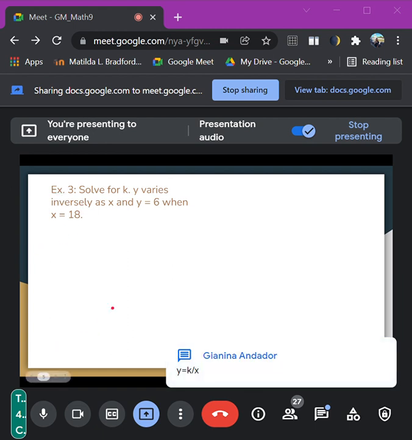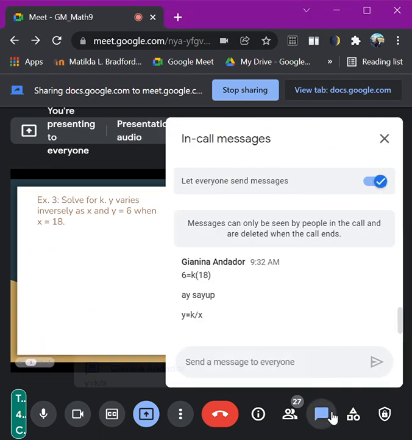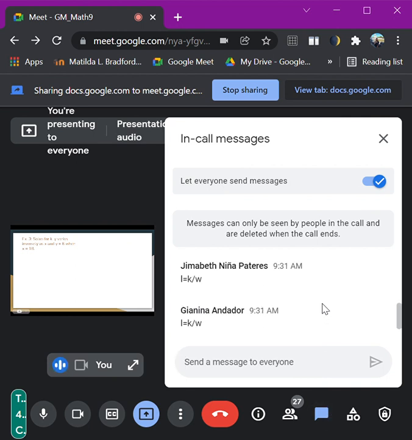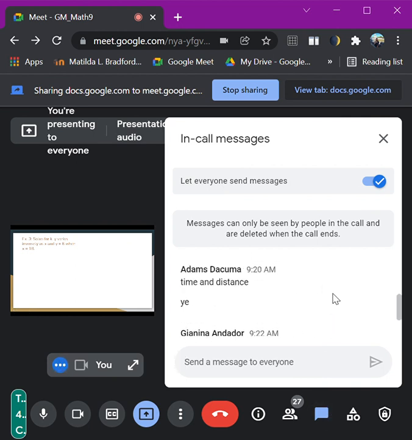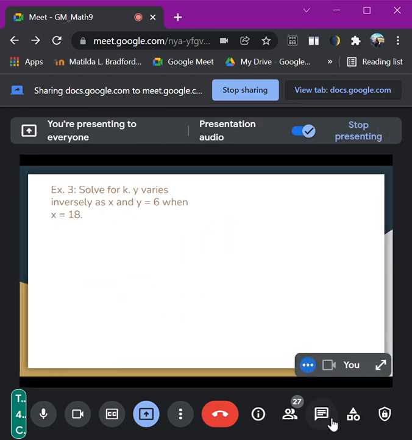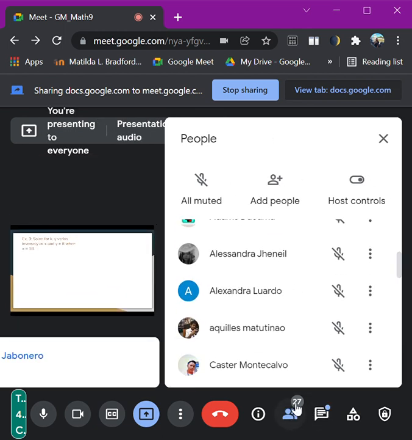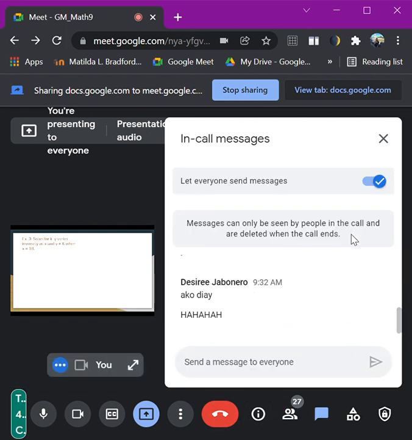Okay, very good. I don't know if I only have Andador, Pateres, Labuca and Dakuma as my students. How about the others? Habonero dropped off. Someone left the meet. The connection.